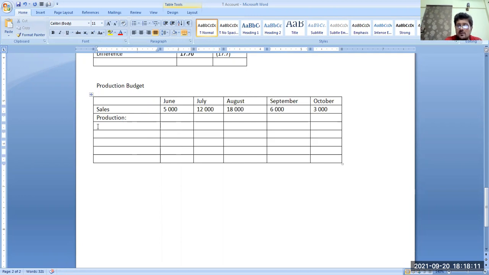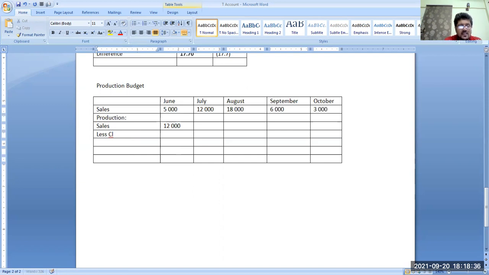In June, we are producing for July. We are making the production budget. So, how much is the sales for July? Sales is 12,000 in July. In June, we have to produce 12,000 for July. Now, less closing inventory.